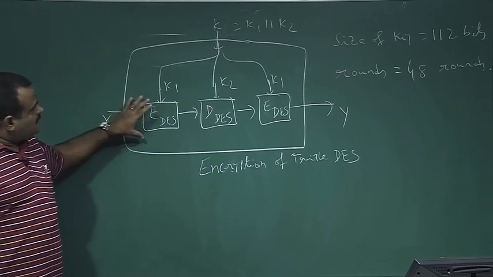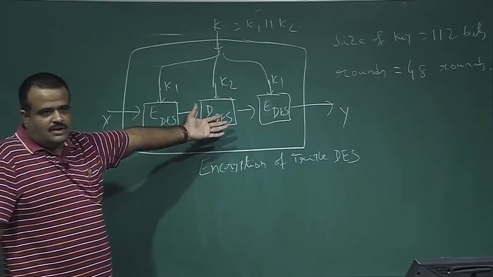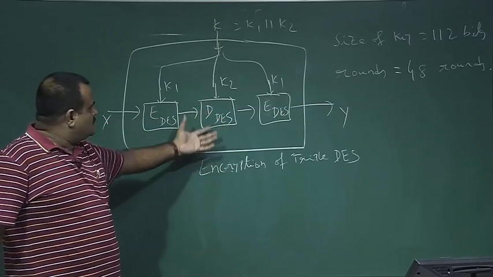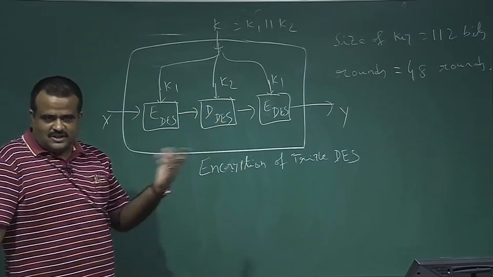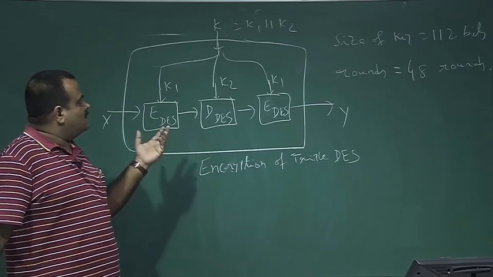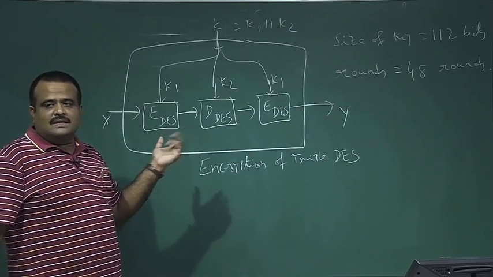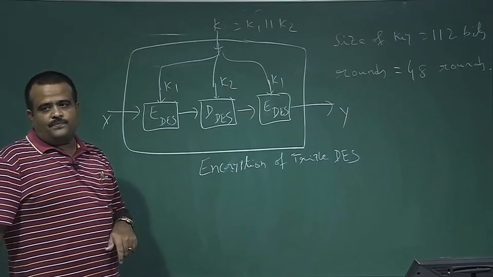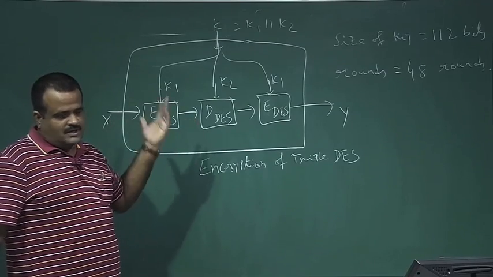So those types of attack can also be mounted here. Because the underlying block cipher is DES, if DES is broken by the differential attack, linear attack, one can think of those attacks on this triple DES.